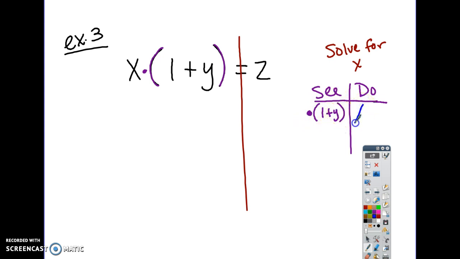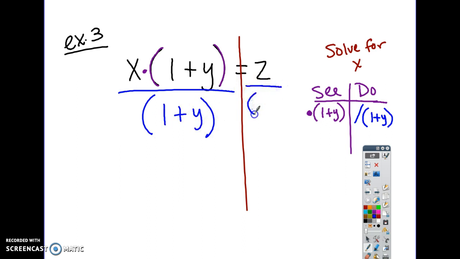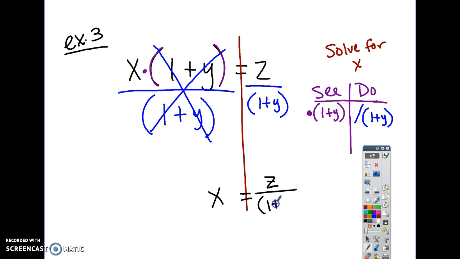You're going to divide by parentheses 1 plus y on both sides. It's going to cancel the whole parentheses. That leaves you with x on the left side equal to this whole thing: z over parentheses 1 plus y.